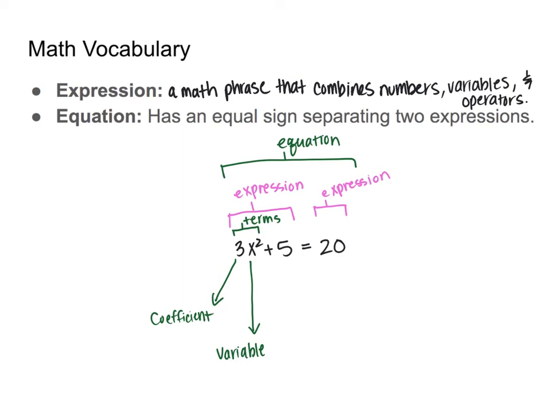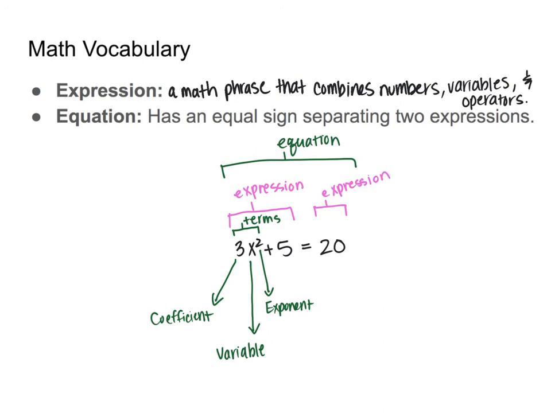Now this 2 here, this tiny 2 up above the x, is what we call an exponent. Sometimes people refer to this as a power or degree, but I like to say exponent more often because it's more of a universal term. Like in Spanish, exponent is said to be exponente, so very similar wording.